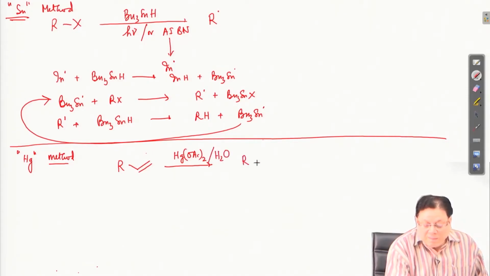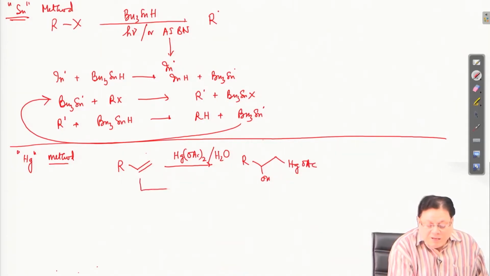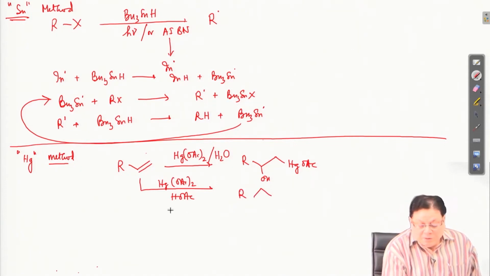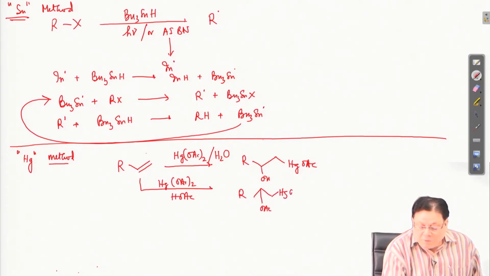You have R, OH here and this is HgOAc. Or if you take Hg(OAc)2 in acetic acid, then you will get R, this is your OAc and that will be your HgOAc.